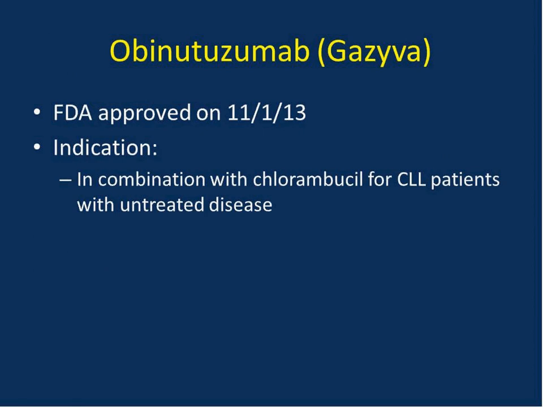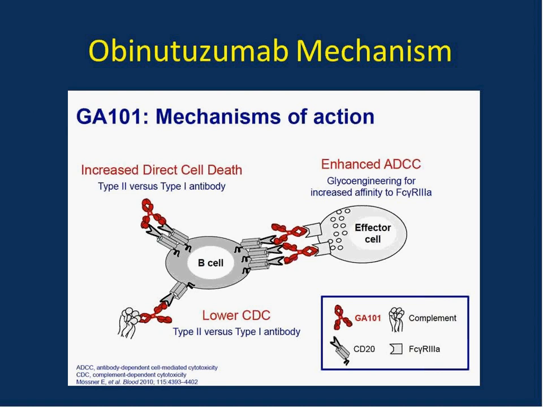Obinutuzumab is the newest agent that was approved on Friday, and thus far, it is indicated for CLL patients in combination with chlorambucil. Mechanistically, it still is targeting CD20, but basically what they have done is what they call glycoengineering of the constant region portion.